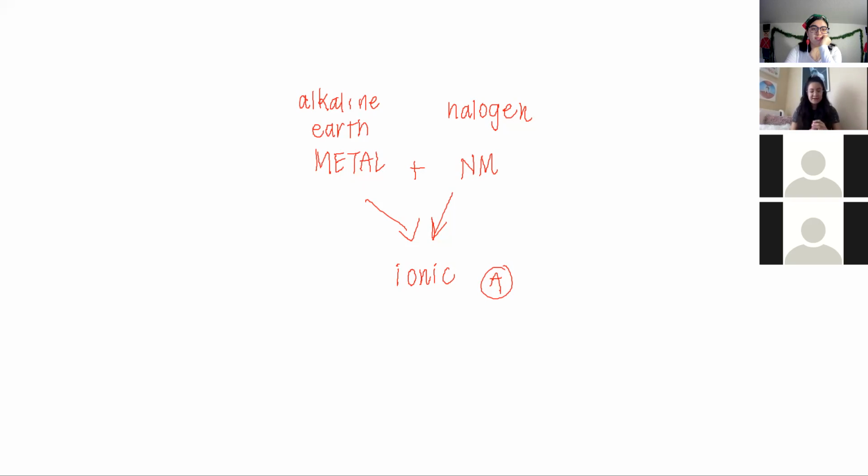It comes after 1. Two. Yes, 2. So what are the 2 types of compounds that we know about? Covalent and ionic, right?